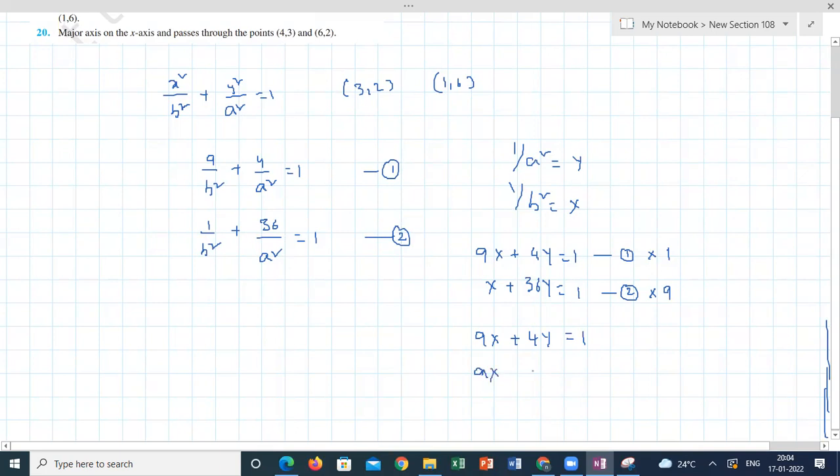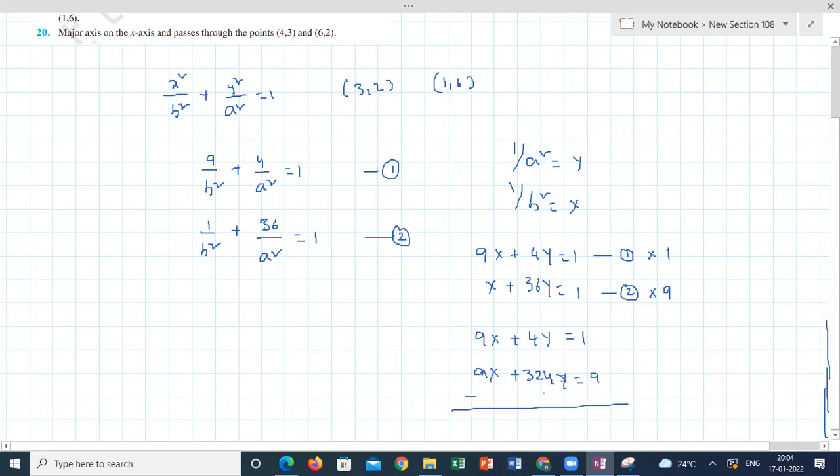9x, 36 into 9. What is the value of 36 into 9? Students, 36 into 9. 81 into 4, 324. 324y is equal to 9.